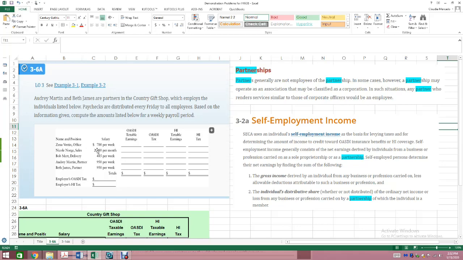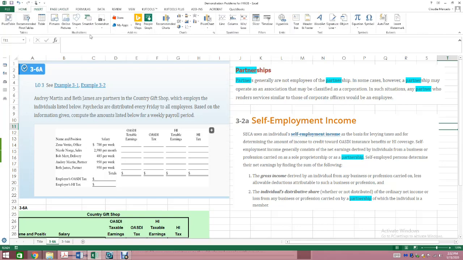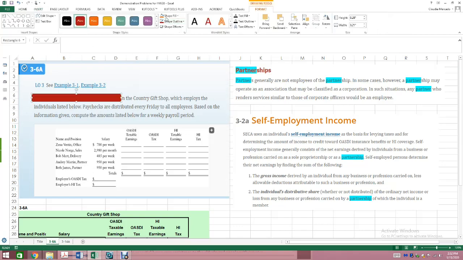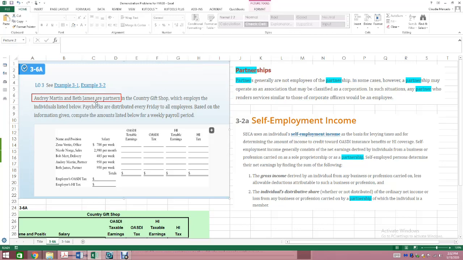Before we even start the problem, something that we need to look at is the information provided. It tells us very important information: that Audrey Martin and Beth James are partners.